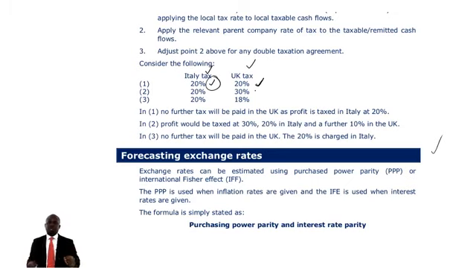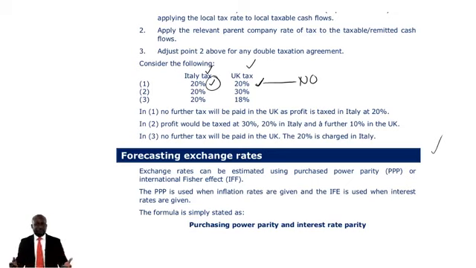We are going to give you relief of the 20% you paid. So in the UK, you are going to pay no additional tax because the 20% you paid there is enough. It cancels. That is the essence of double taxation. You don't have to pay tax twice on the same profit.